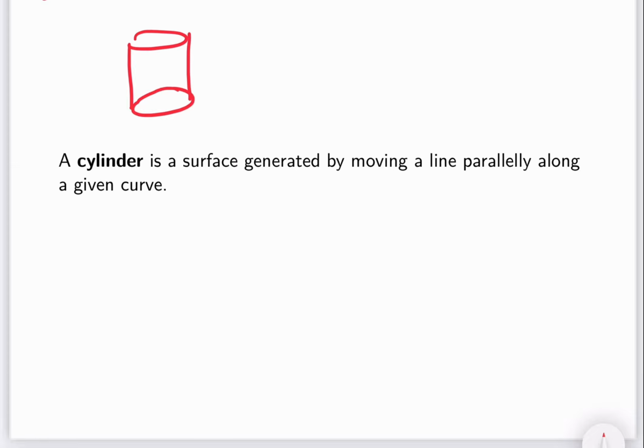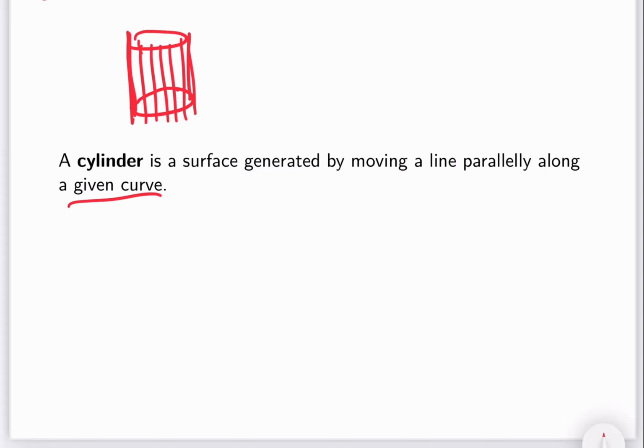Well, this will be a particular type of cylinder for us, but we are going to call cylinder any surface that is generated by moving a line. Like here, we have this line that is moving, getting all these places here parallelly around the circle. Well, it can be moved around any given curve.